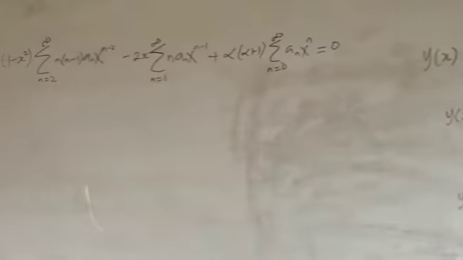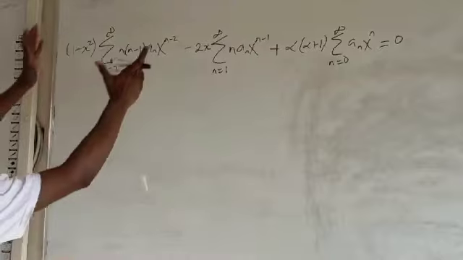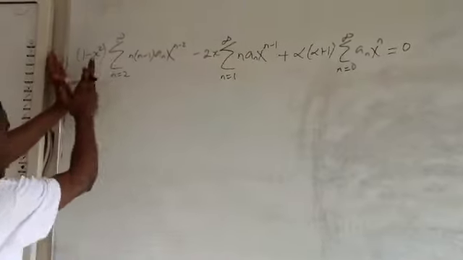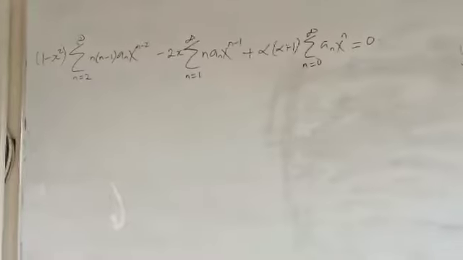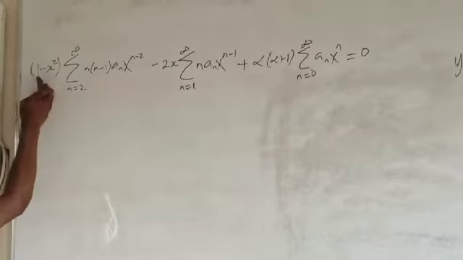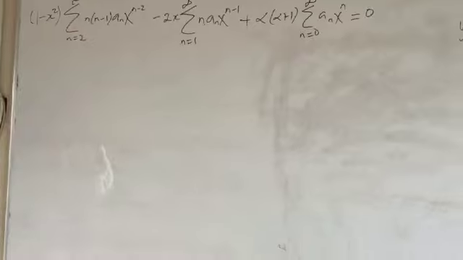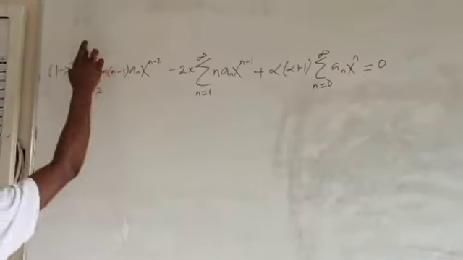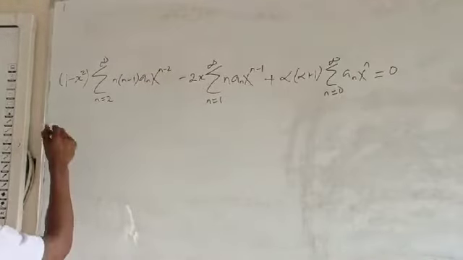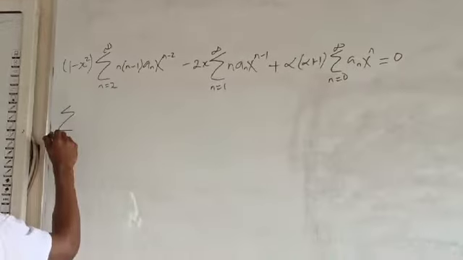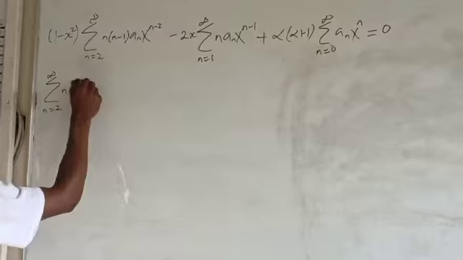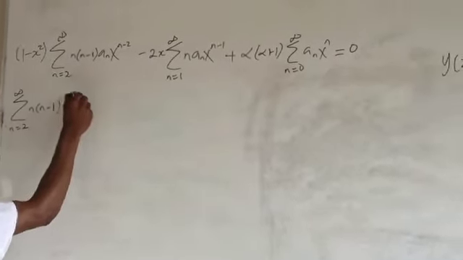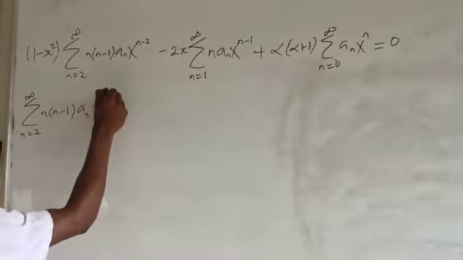So what we have to do here is to expand. Let's expand these brackets and do the needful. By expansion, this whole summation multiplies this, and this whole summation multiplies this. When this whole summation multiplies 1, it will still give us the same thing. We have n equals 2 to infinity n bracket n minus 1 a subscript n x raised to the power of n minus 2.